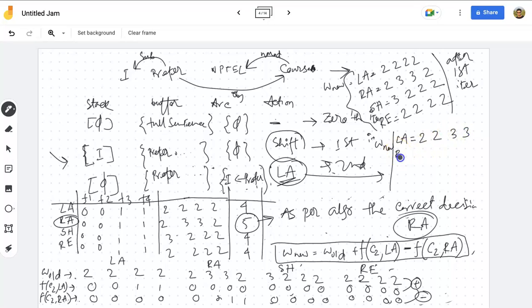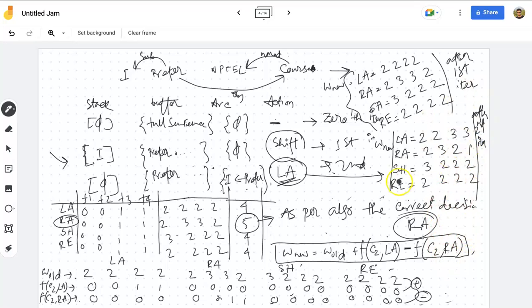And what is right arc? The second row is all 0, and you need to subtract the last row. So it will be 2 3 2 1. For shift it will remain the same, 3 2 2 2. And for reduce, again it will remain the same, 2 2 2 2. So this is your new updated weights after second iteration.